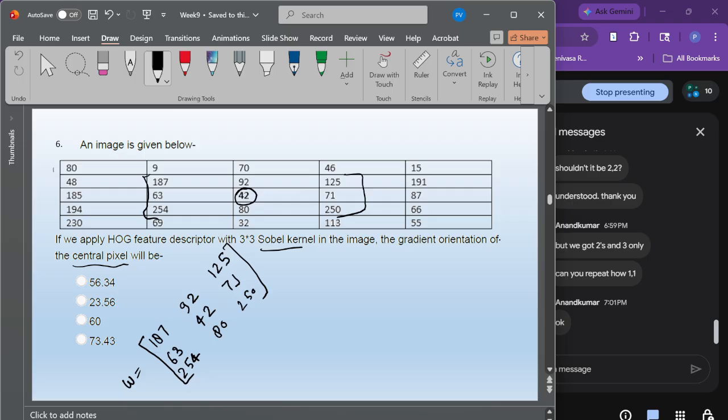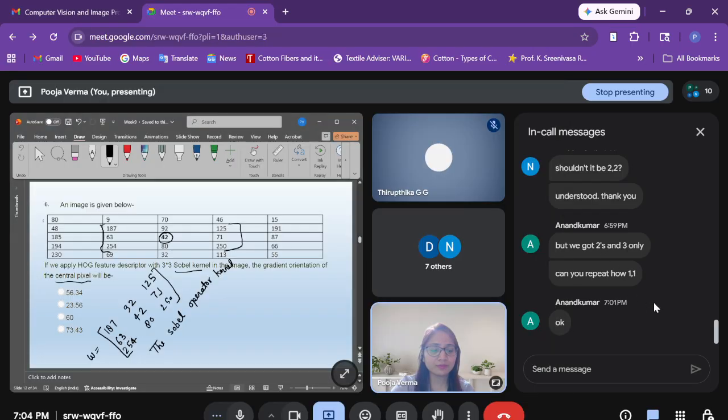Now the Sobel operators are in the x and y direction, that means the horizontal gradient and vertical gradient. Can anyone of you tell what the Sobel kernels are in the horizontal as well as vertical direction? Anyone would like to tell?